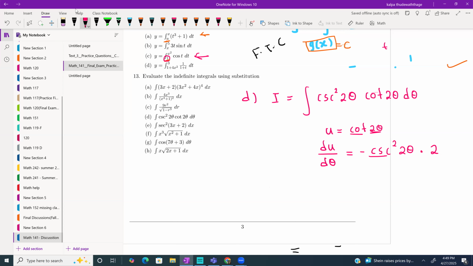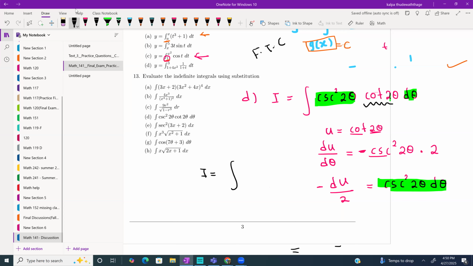So that means du over negative 2 is negative half cosecant squared 2 theta d theta. So you can see the right hand side is exactly what I have here, cosecant squared 2 theta d theta.